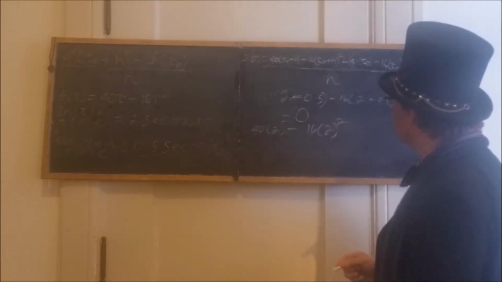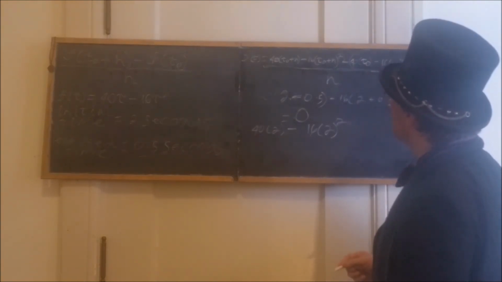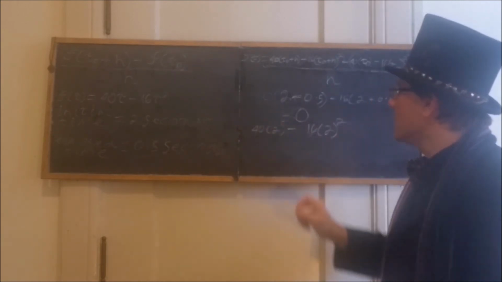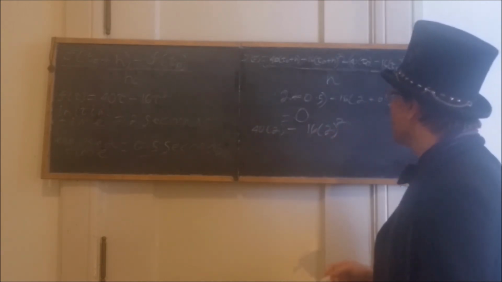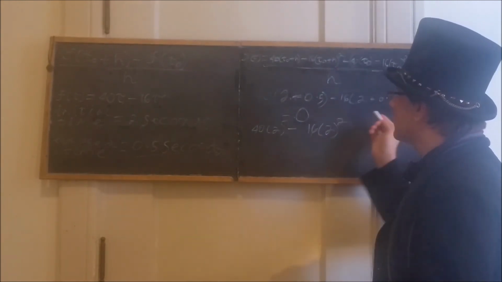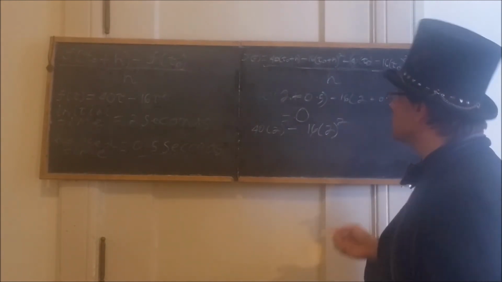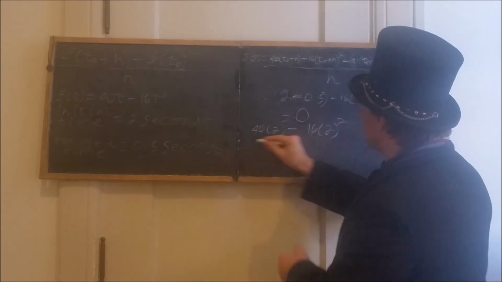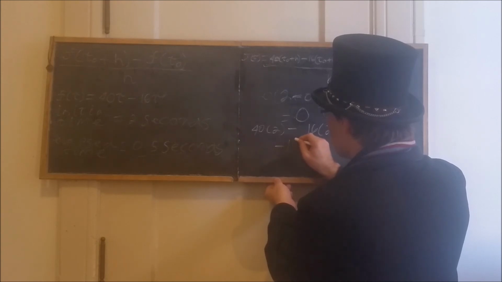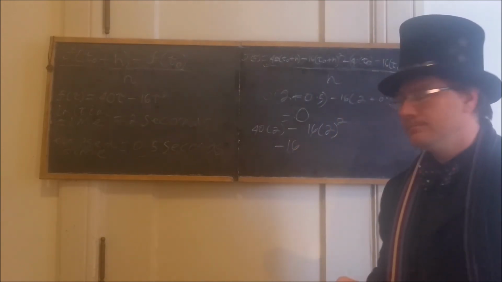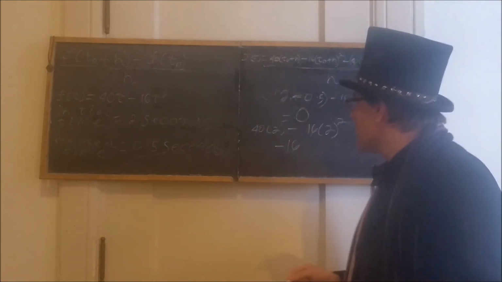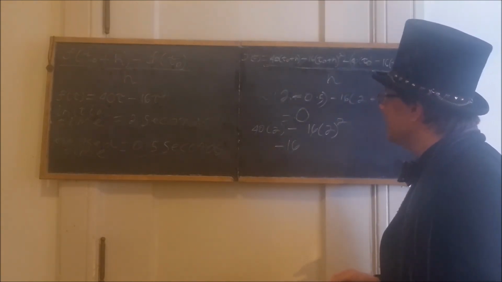Now, what that would equal when you have 40 times 2 and your 16 times 4, 2 squared is 4. So what all of this would equal is negative 16. Let me make sure. Yes, negative 16. What is negative 16?